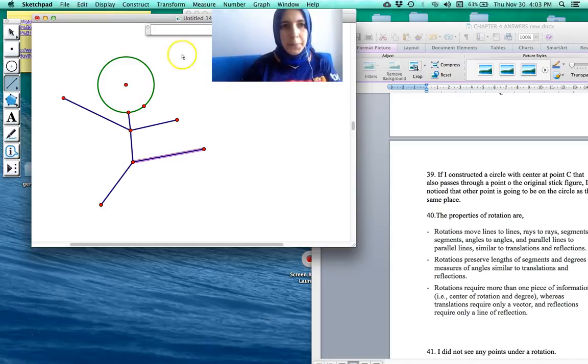Yes, this is a stick figure. And let's do a mirror line. This is my mirror line.